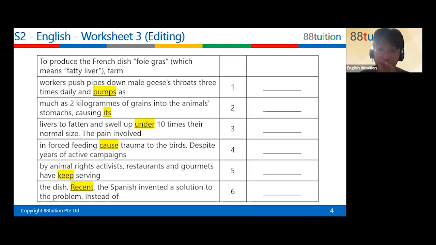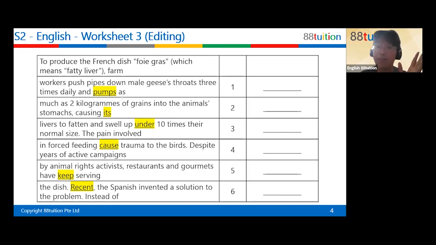So over here we have pump as a verb, but there's an S behind, and that is a problem, because I don't know if you remember your subject-verb agreement. If the subject is singular, the verb, if you're using the verb in the simple present tense only, you choose whether to add the S, the ES, or the IES behind, or choose whether not to add it.